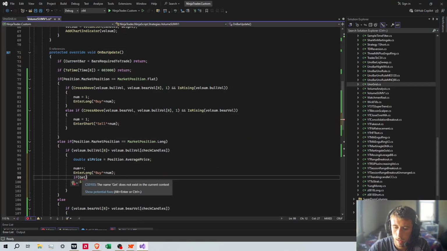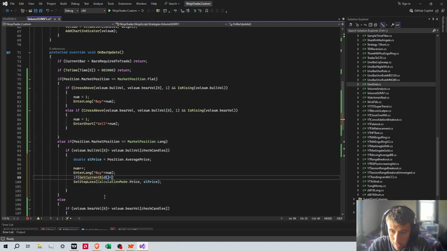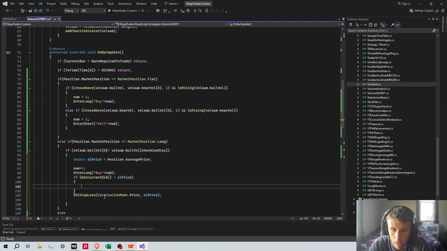So let's do get current bid. Double. Okay. So if get current bid is less than the SL price, then we should be good for setting the order.